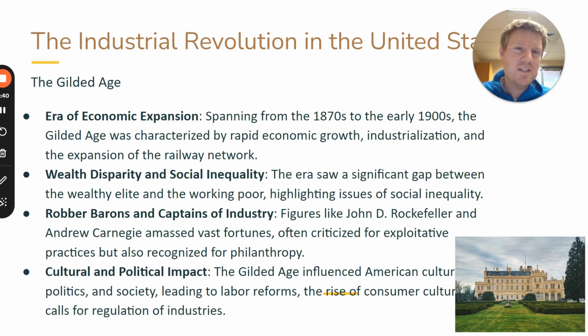I mentioned the railroads, but also the steel that makes the railroads, and the banking industry. There's going to be an increase at the end of the 1800s, early 1900s, of wealth disparity where there's a significant gap between the rich and the poor. It highlights issues of social inequality that still persist today in America.